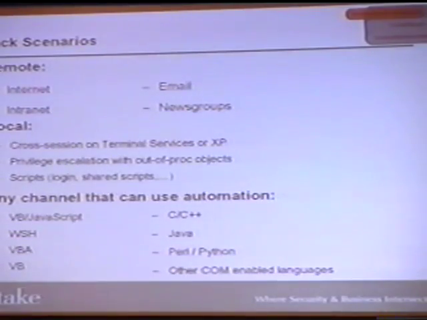Also locally, you can do cross-session attacks through terminal services or XP, through concurrent users being logged onto the same box. Privilege escalation: some COM servers or object servers are actually running in different user spaces. You can also add your attack to login scripts on domains and things like that.